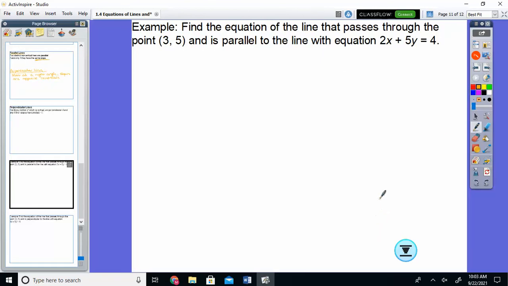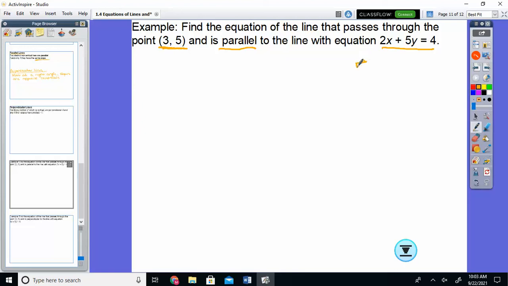So I want the equation of the line that goes through the point 3, 5 and is parallel to 2x plus 5y equals 4. What does parallel mean? Means they don't touch when they're near each other. So our slopes are going to be the same. How do I find the slope of this line? Subtract 2x from both sides, then divide by 5.